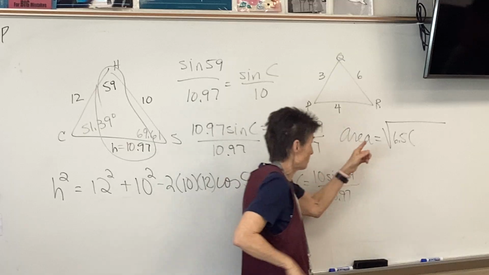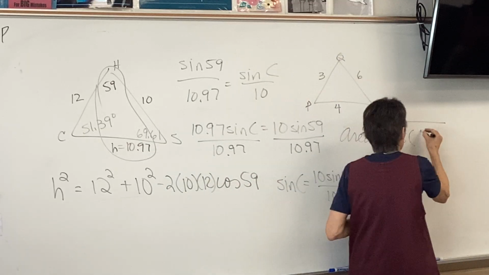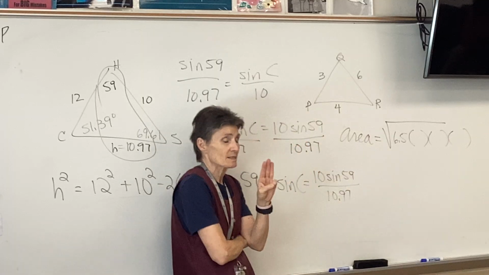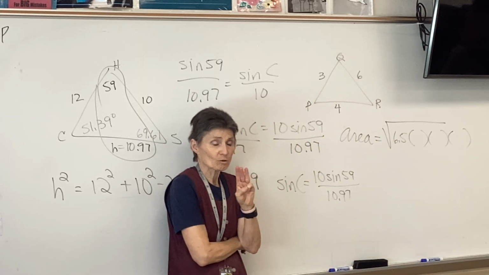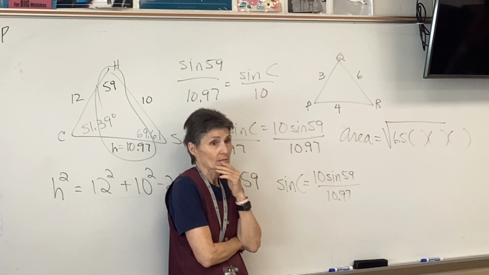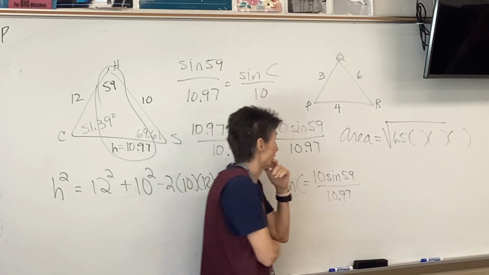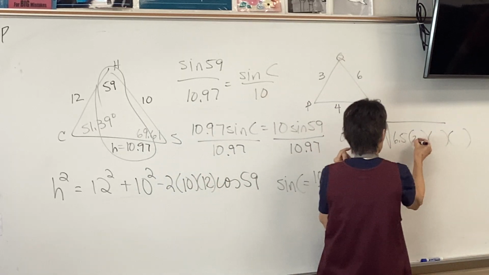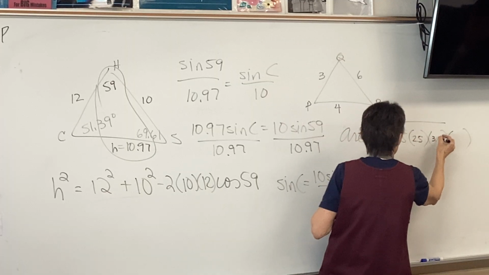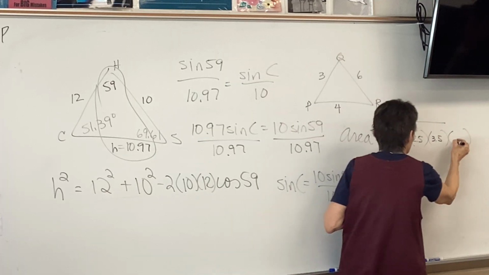And then I'm going to multiply that by 3 more things. And how do I get the 3 more things? Use 6.5 and minus each side. So minus 4, minus 3, and minus 6.